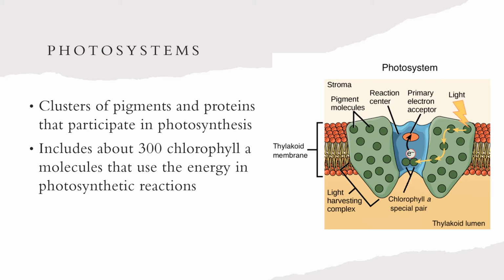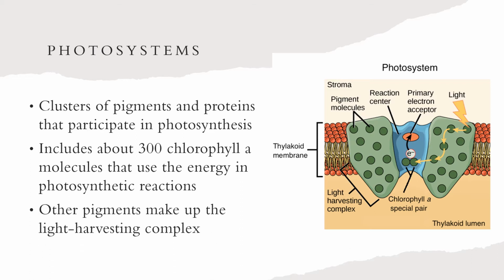The photosystem's reaction center includes a special pair of chlorophyll a molecules that actually use the energy in photosynthetic reactions. The other pigments of the photosystem make up the light harvesting complex that surrounds the reaction center.